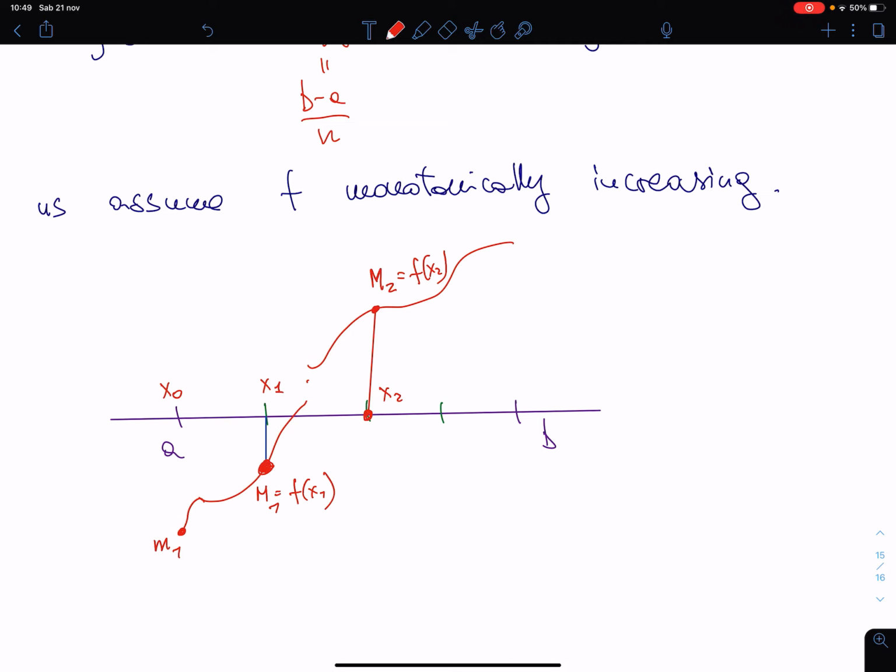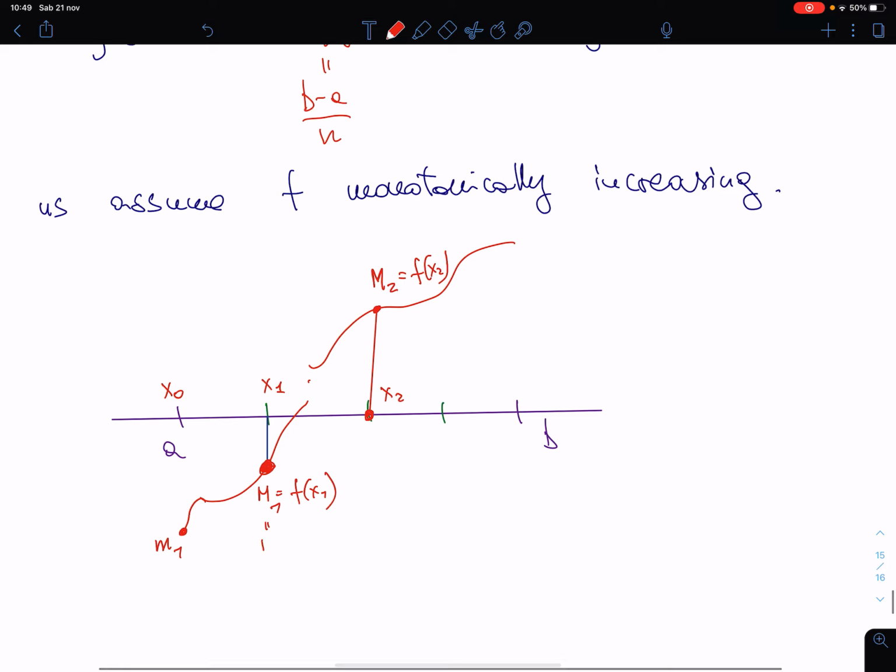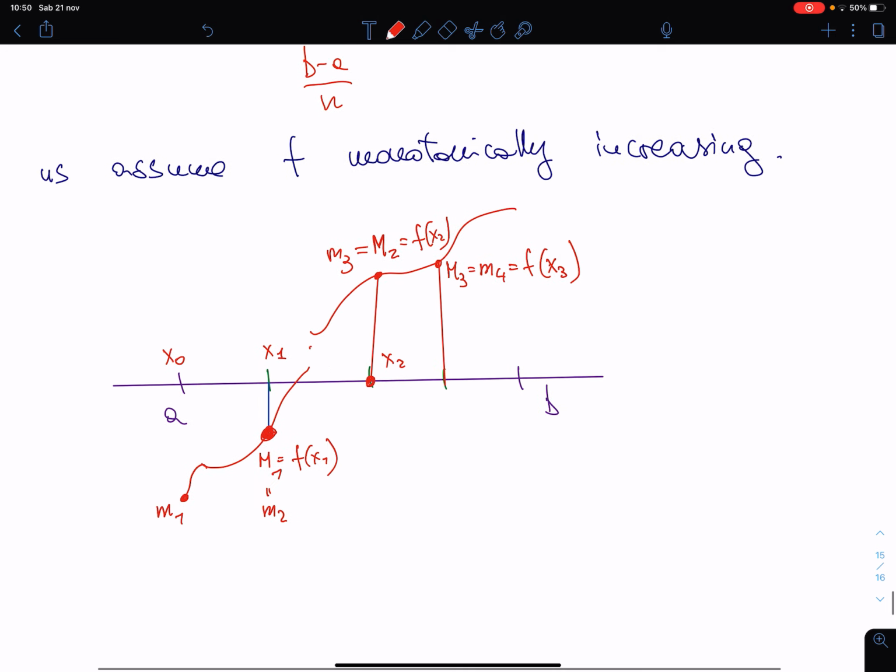This is the key of the proof, because this is also small m2, and again capital M2 is small m3, while capital M3 will be here, which will be small m4, which will be equal to f of x3. Okay, this is the key.